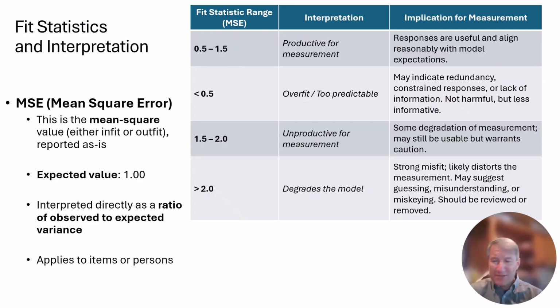And values outside of that range can be tolerable and might not necessarily suggest that items need to be removed until we really get down to the bottom row here, where infit and outfit, either one or both of them, are greater than 2.0. Because when we start getting values above 2.0, the item is really compromising and degrading the measurement model. So we want to look really closely at the idea of possibly removing that item from the measure.